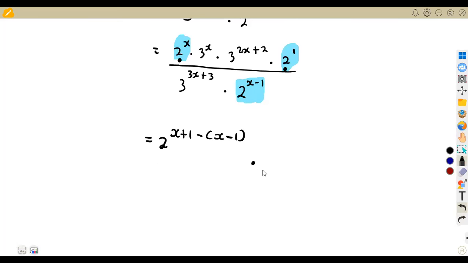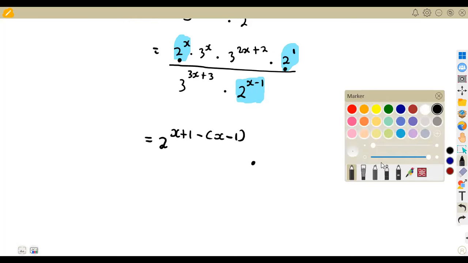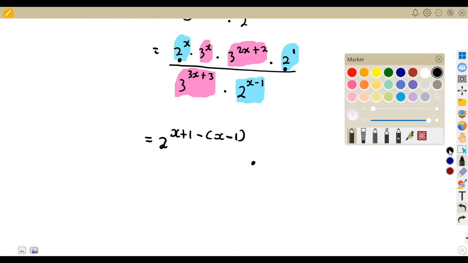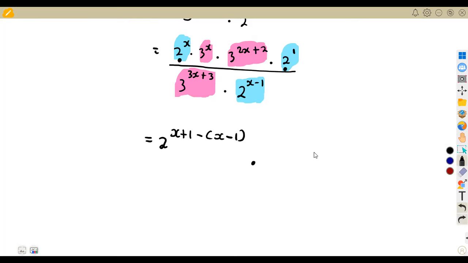We move on to 3. Let us consider the part where there is 3. There is 3 to the exponent of x here. There is 3 to the exponent of 2x plus 2 here. There is 3 to the exponent of 3x plus 3 like this. From the numerator, these two are multiplied, so we are going to add them: 3 to the exponent of x plus this exponent, which is 2x plus 2.